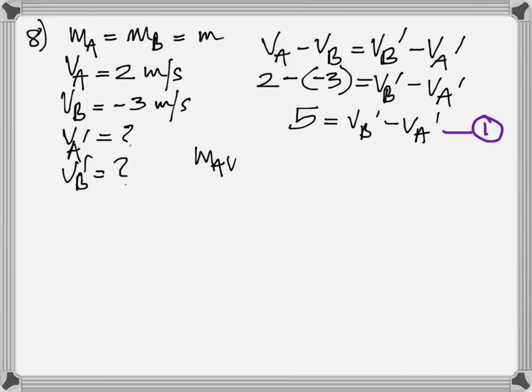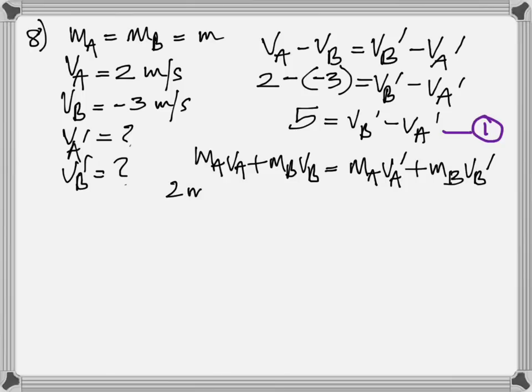Now, applying the principle of conservation of momentum, MAVA plus MBVB is equal to MAVA prime plus MBVB prime. Because their masses are equal, each mass is taken as m.